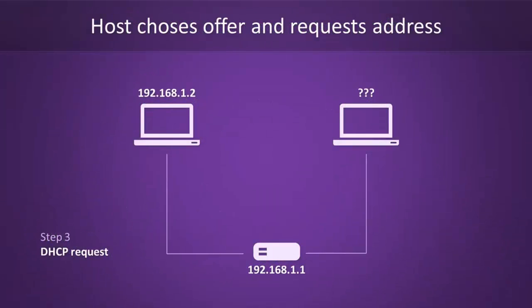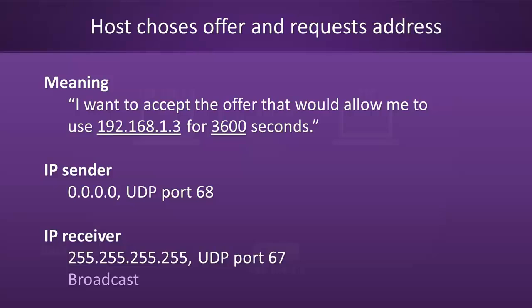Moving on to step number 3. At this point, the host has received at least one offer for an address, and it now gets to pick which one it wants. After having done so, it will send out a DHCP request message to everyone on the network. Once again, this is a broadcast, and in this message, it will say which address it picked. With this DHCP request message, the host expresses its intention to accept a specific offer.